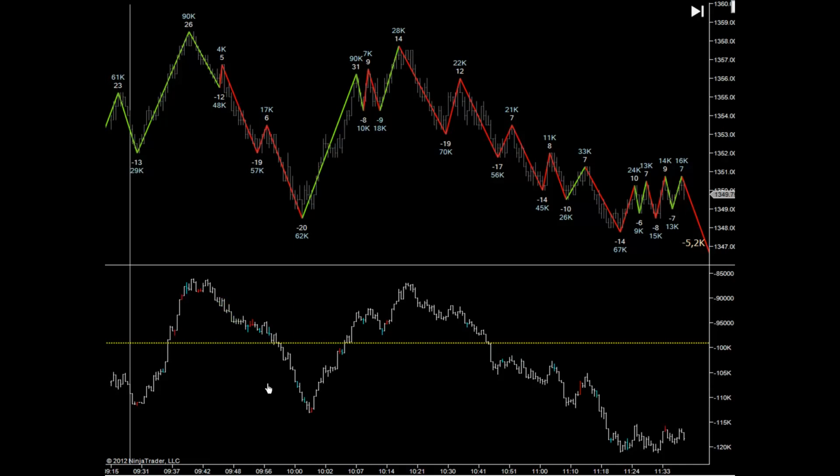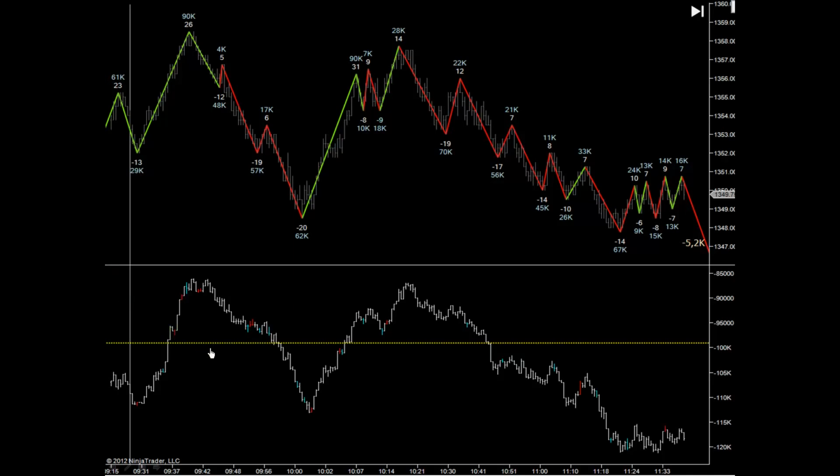If we look at the next leg down, we've got 57,000 contracts traded, and then the next pullback up, 17,000 contracts. Again, look at the delta on that pullback. We're moving sideways a little bit, but there's really no delta move there.